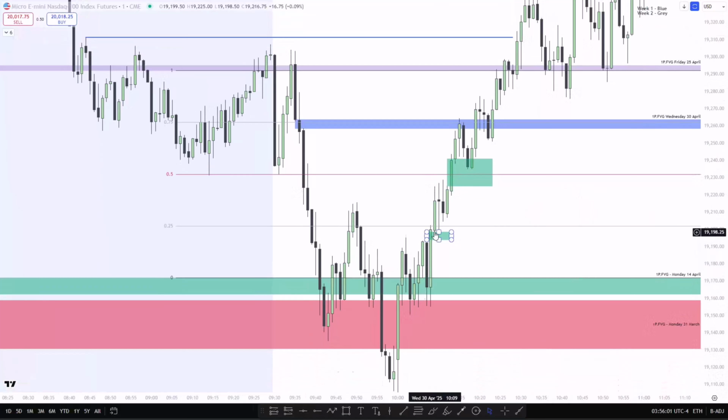So from here, price travels back up to the second quadrant, goes down to the first, taps it, goes up above equilibrium, into the first presented fair value gap, goes down. In this case, price didn't want to drop below equilibrium. It rather formed an order block right above equilibrium.